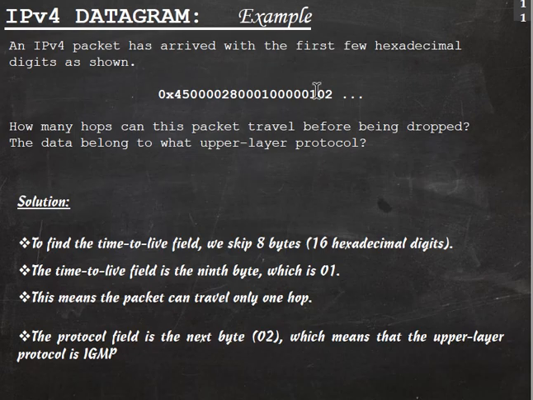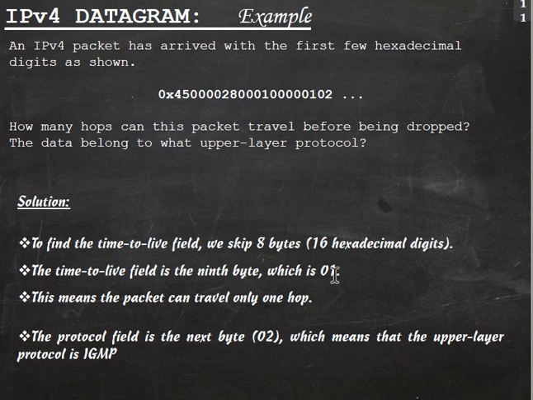According to this problem, this 01 is the data corresponding to the time to live field. We have skipped the first 8 digits corresponding to the header length, etc., so a total of 16 digits in hexadecimal. The immediate next two digits, 0 and 1, indicate the time to live.